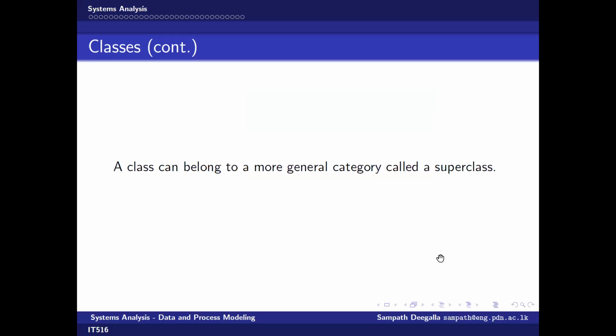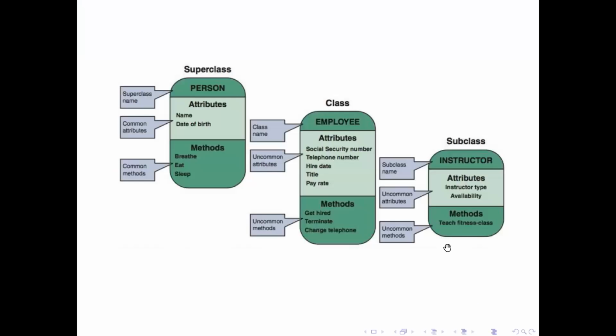Right. And the next one is a class can belong to more general categories, superclasses. Now, for example, if you look at this example, in the middle one, we have an employee.